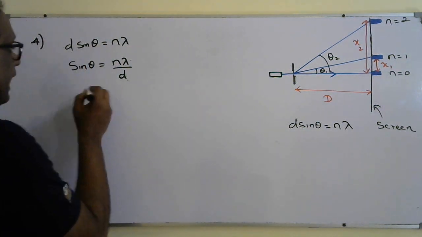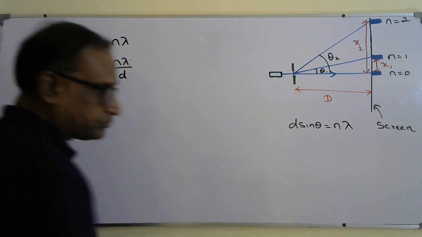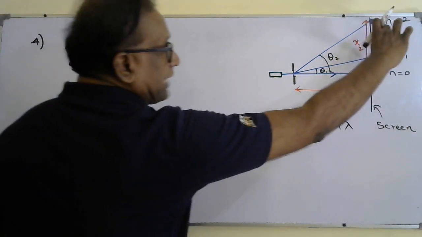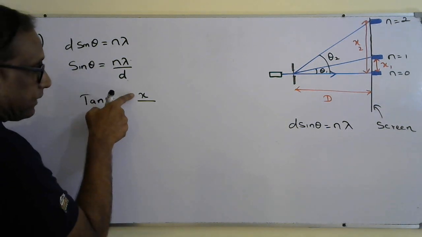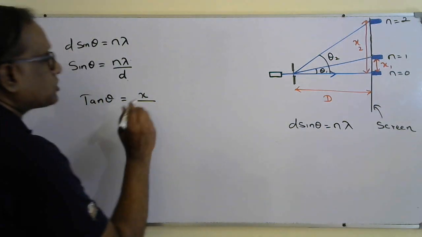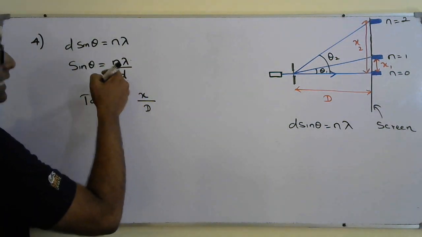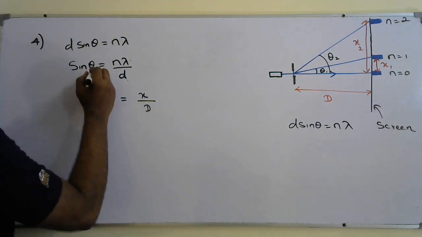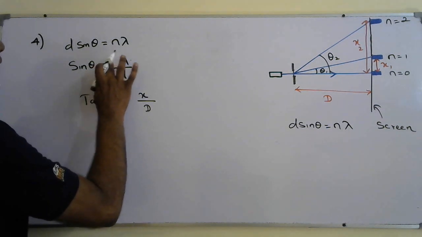But we know that tan theta is equal to x, the distance of the particular bright band from the 0th order, over D. So we will consider theta 1. When we consider first order, n has become 1, so sin theta 1 equals lambda over d.